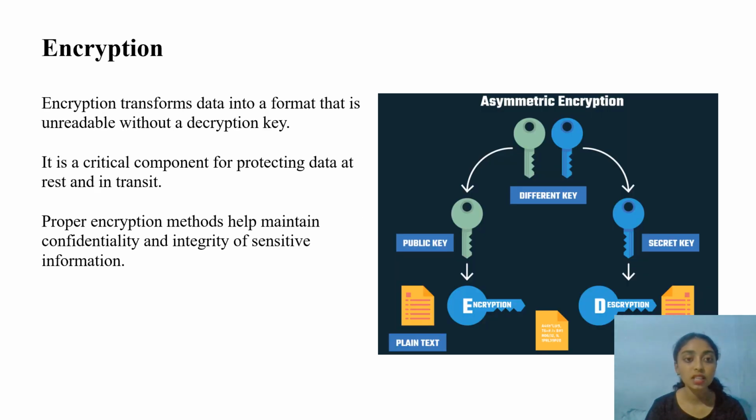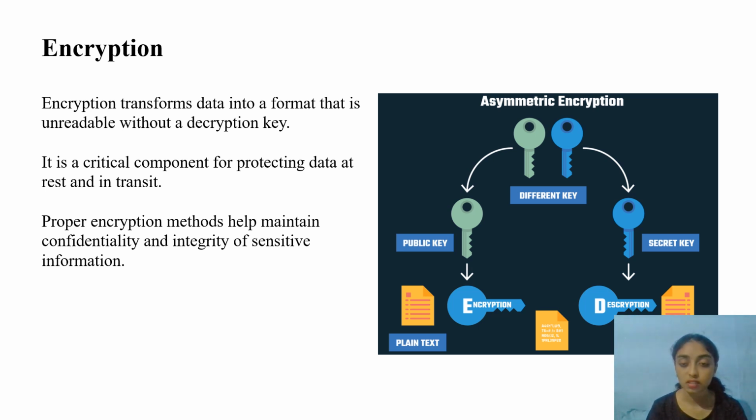Encryption. Encryption transforms data into a format that is unreadable without a decryption key. It is a critical component for protecting data at rest and in transit. Proper encryption methods help maintain confidentiality and integrity of the sensitive information.